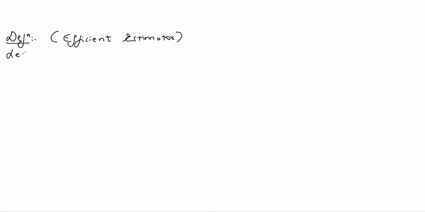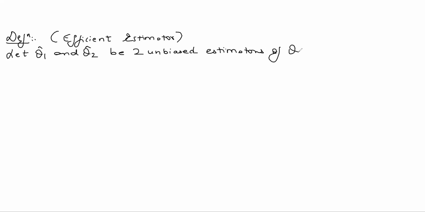So let theta 1 hat and theta 2 hat be two unbiased estimators of theta. Suppose theta 1 hat and theta 2 hat are two unbiased estimators of theta.